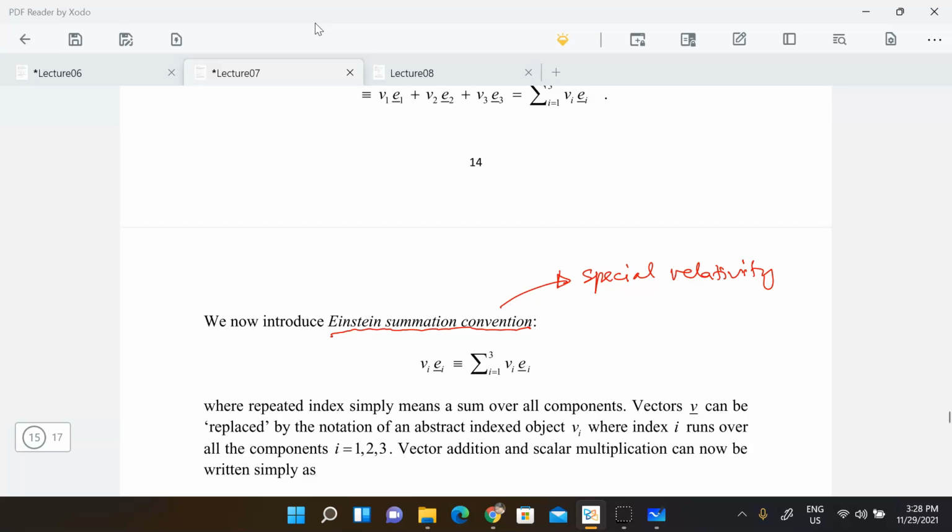Okay, let me just tell you what it is. The Einstein summation convention is to observe the fact that when you do summation, for example, here to show the decomposition of the vector v itself, you sum over the components of each vector together with the direction. This gives you the direction, this gives you the components.